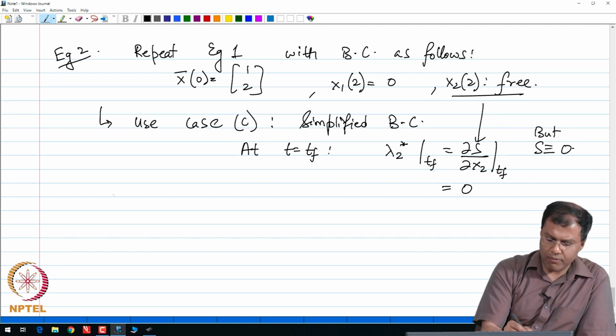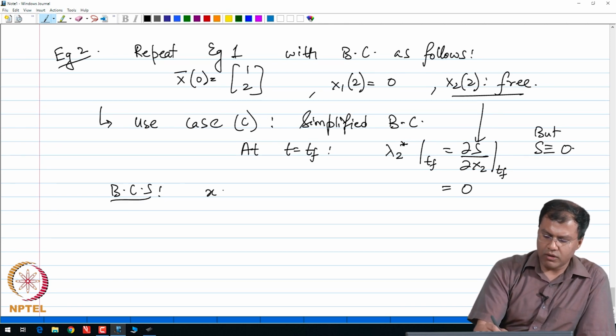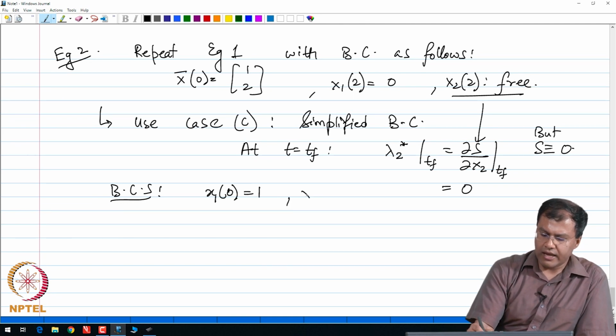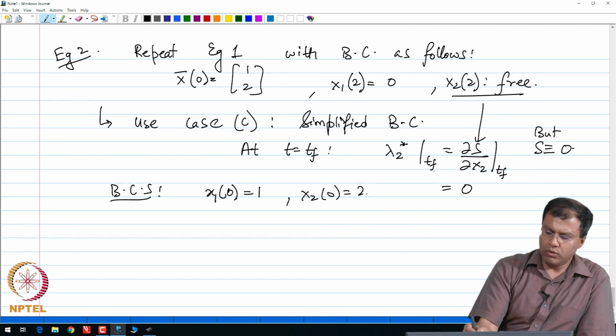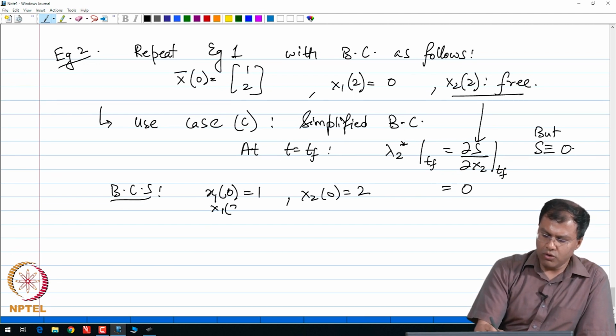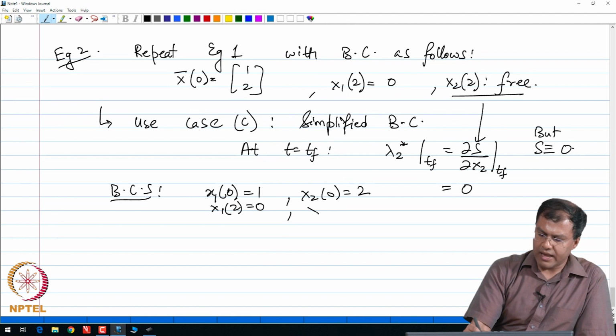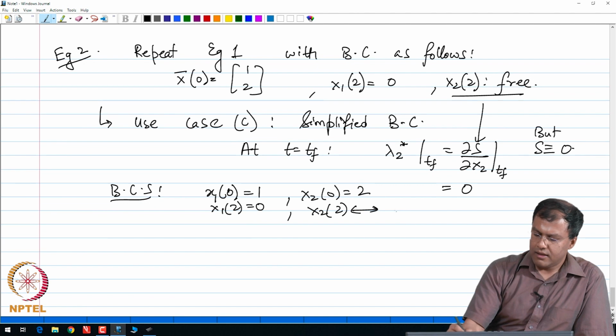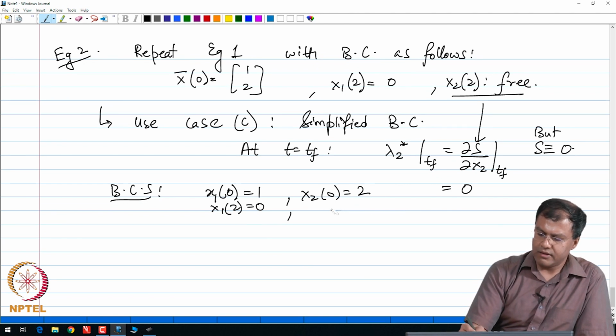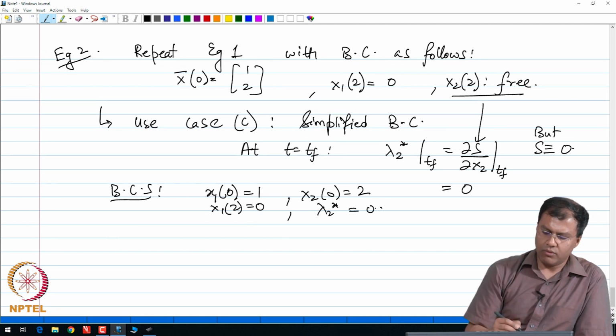So, I have my following boundary conditions. At t equal to 0, I have x 1 of 0 is 1, x 2 of 0 is 2 and x 1 of 2 is 0, and finally, instead of x 2 at 2, my fourth boundary condition is replaced by the fact that lambda 2 star at final time is 0, right.